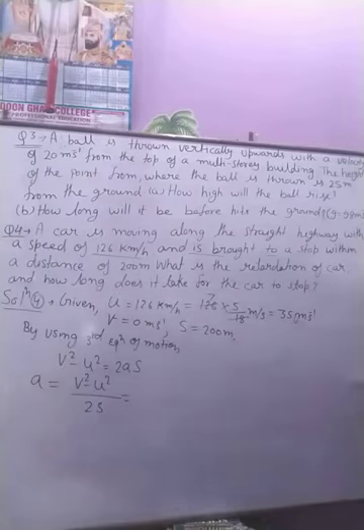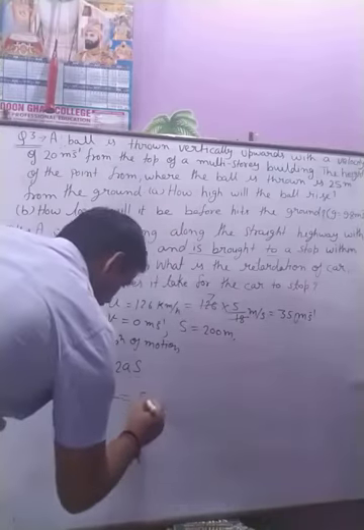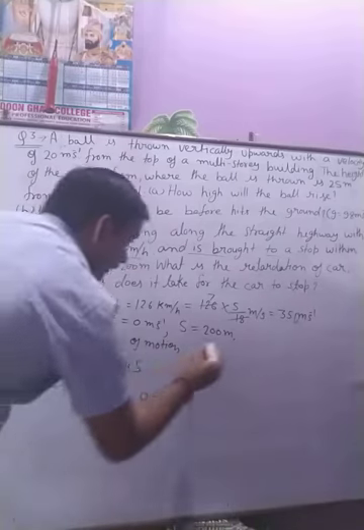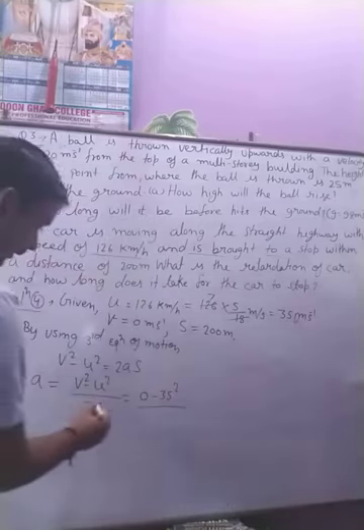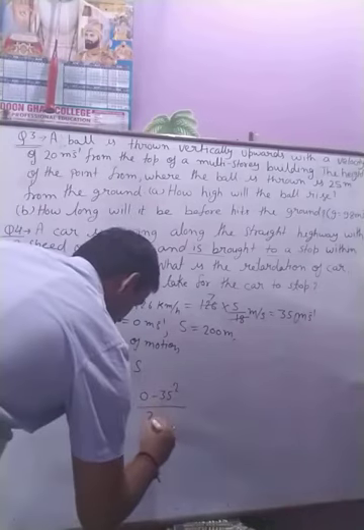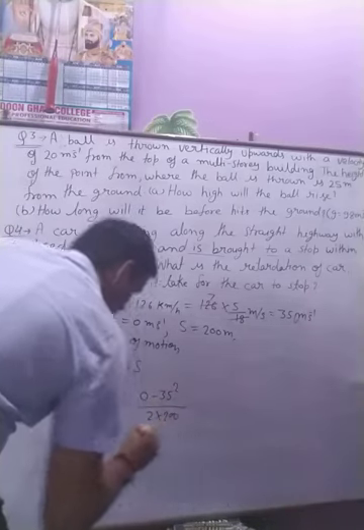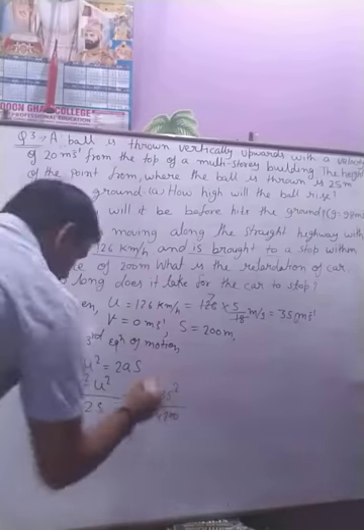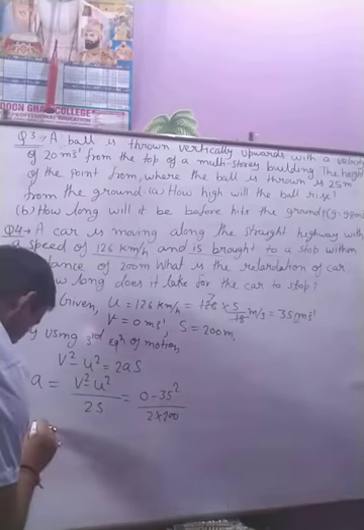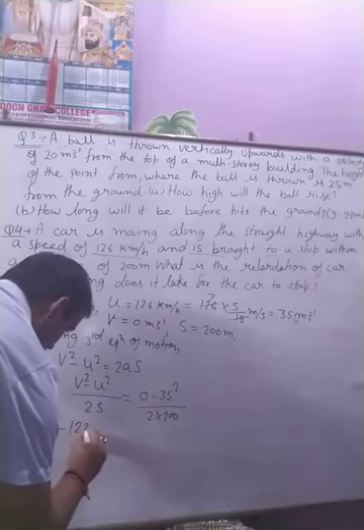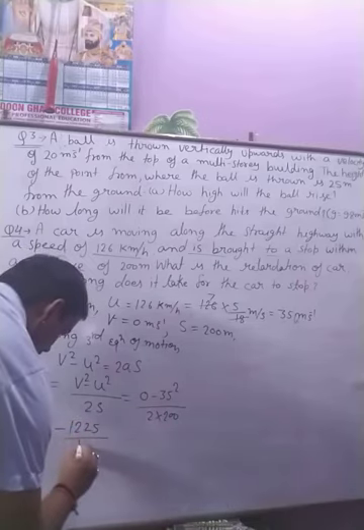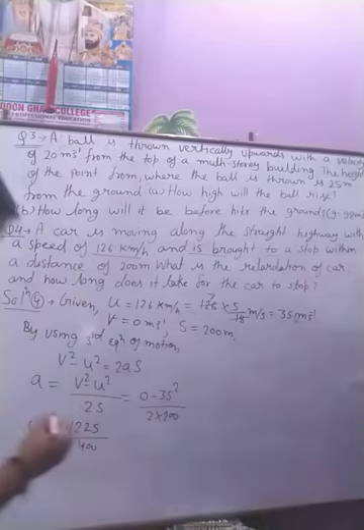By putting the values, v we have 0, minus 35 square upon 2 into 200. On solving we get acceleration is minus 1225 upon 400.